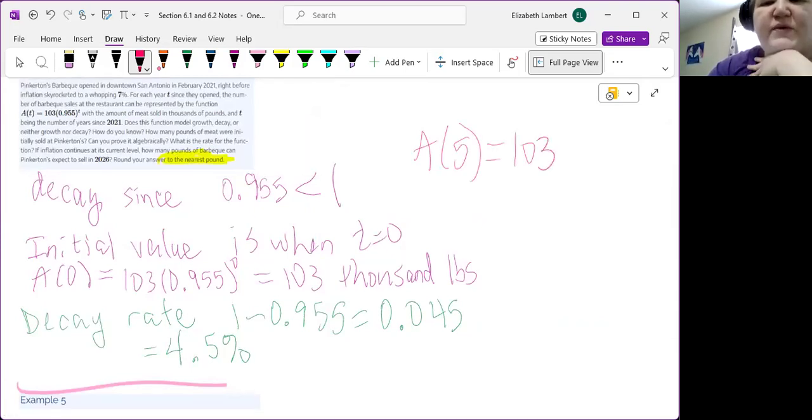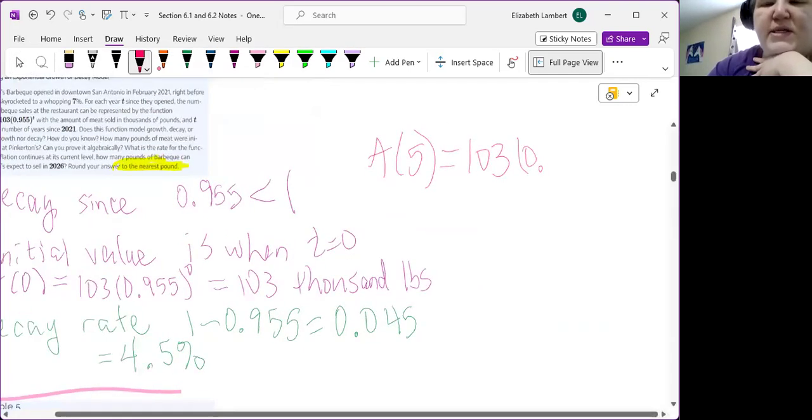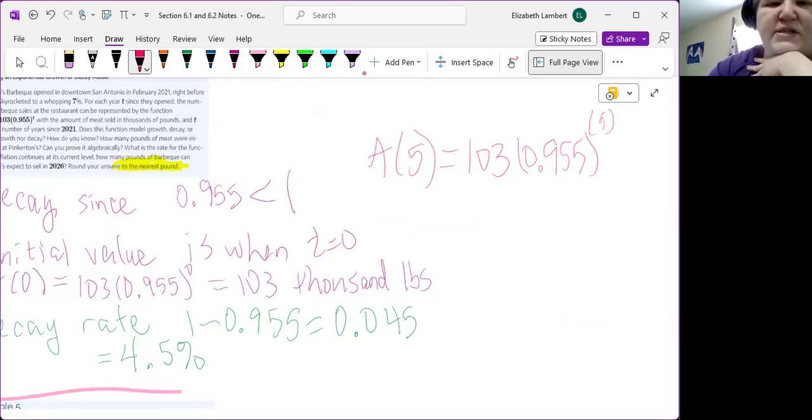So we have 103 times 0.955 to the fifth. And this is because 2026 minus 2021 is 5.